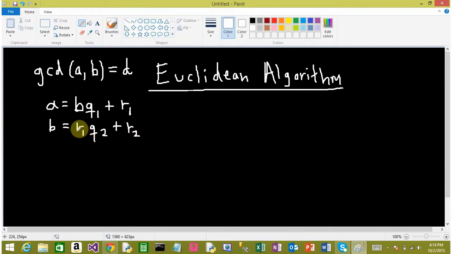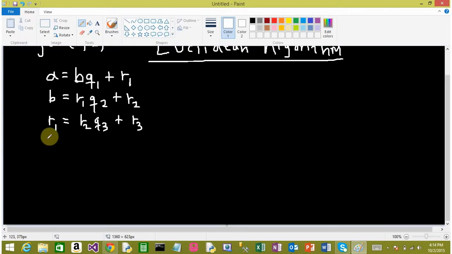Then if we repeat this process again, we have R1 equal to R2 times quotient Q3 plus a new remainder R3. And then we can do it again: R2 equals R3 times Q4 plus R4.